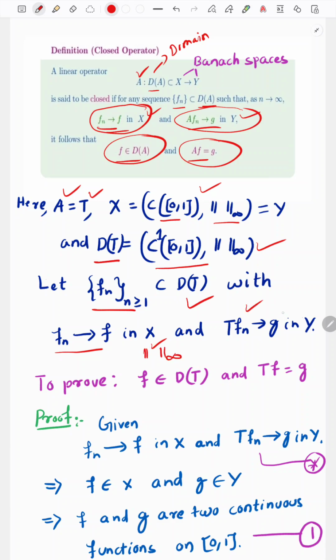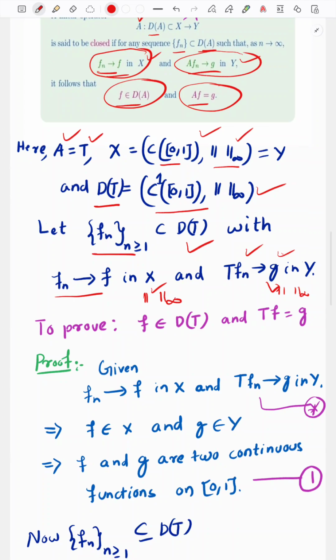And Tfn converges to g in Y, and Y is also associated with the supremum norm, means fn converges to f uniformly and Tfn also converges to g uniformly. These two things are true. Then we have to prove that f belongs to D(T) and Tf is equal to g. If we prove these two things, then the closedness of the operator T will be proved, okay.